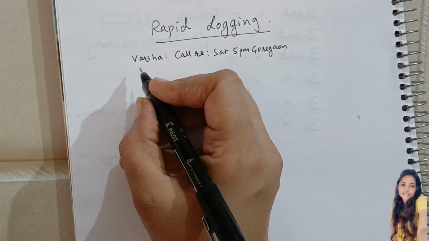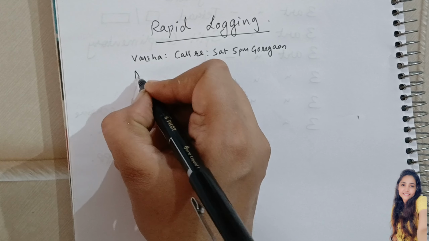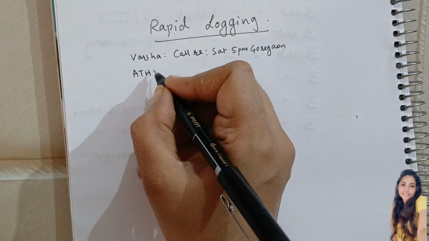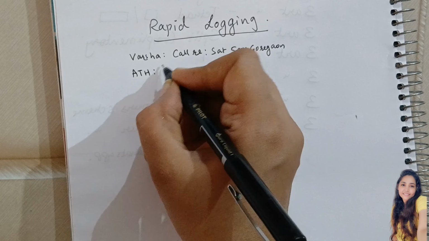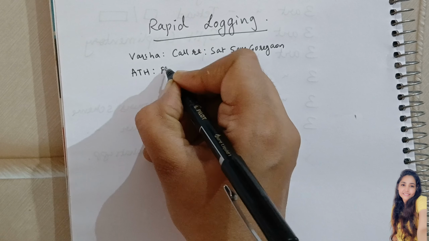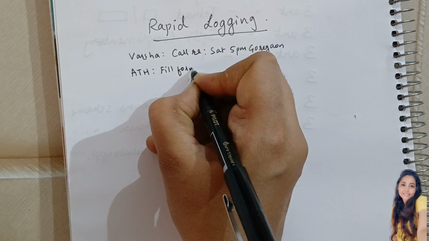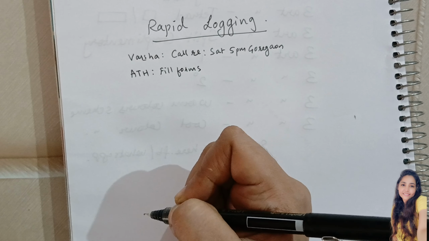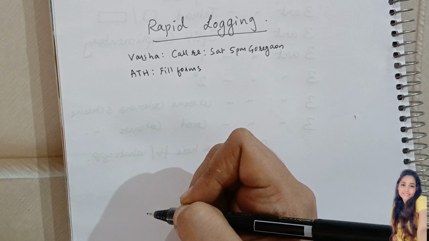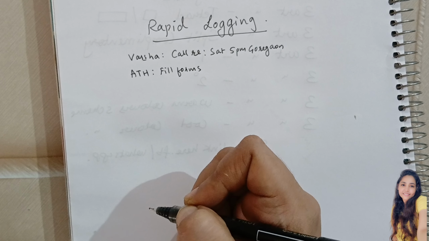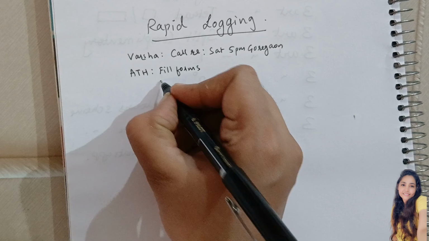Let's say if it's an institute, I will write the name of the institute. Okay. I will say forms or fill forms. All right. But I have to ask one of my mentors a few questions with respect to this form. Okay, so let's say my mentor is Shraddha ma'am.